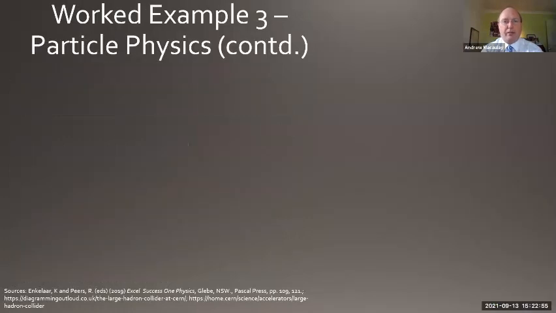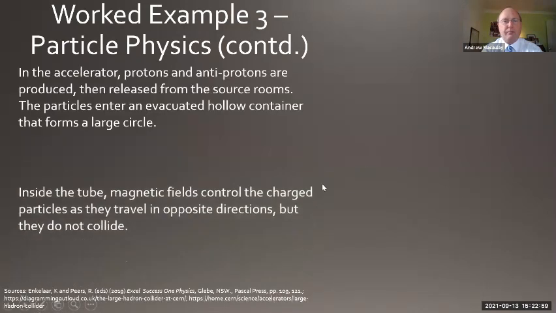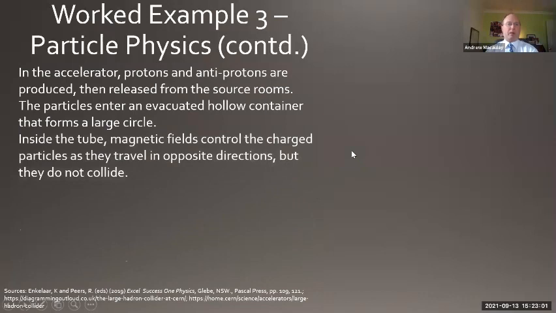As we continue with this example, in the accelerator, protons and antiprotons are produced and released from source rooms. The particles enter an evacuated hollow container that forms a large circle, a bit like a donut.